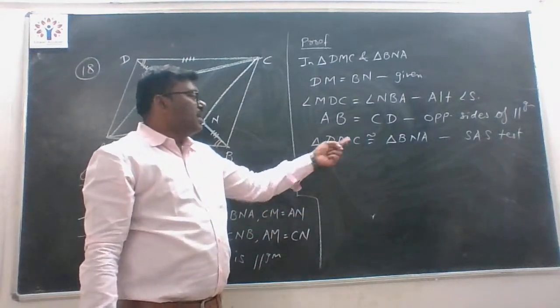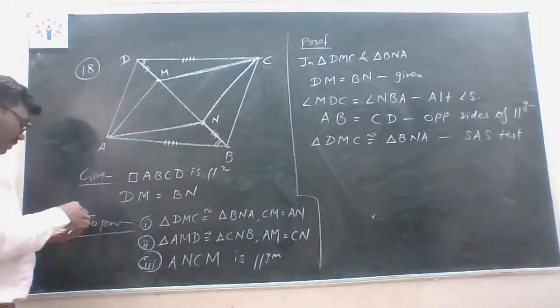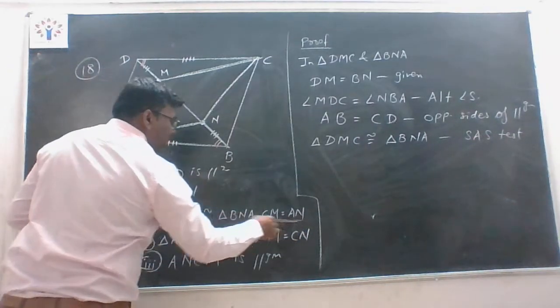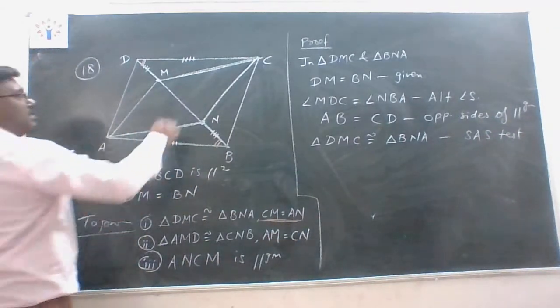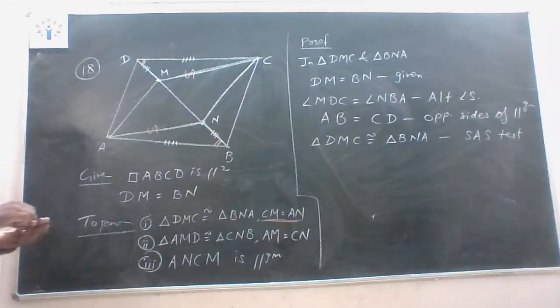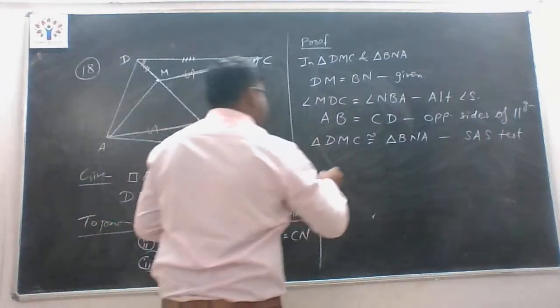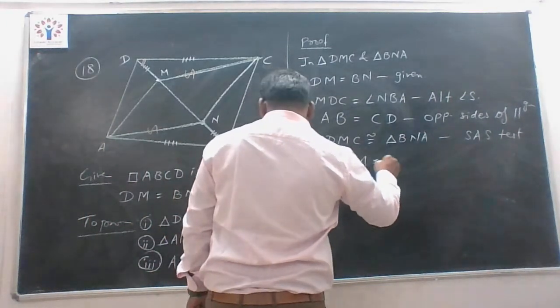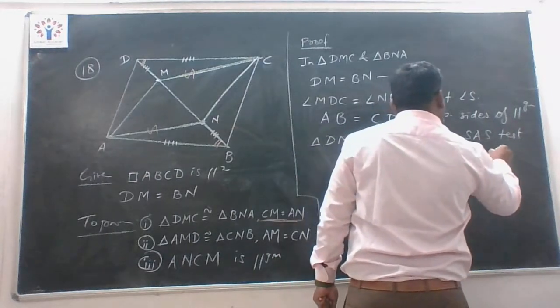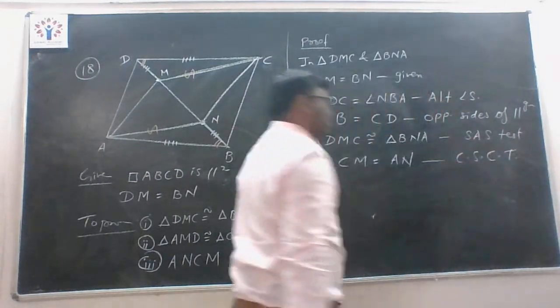Now see, if the triangles are congruent, then their corresponding sides are equal. CM is the corresponding side of AN. So at the end we can say CM is equal to AN. The reason is corresponding sides of congruent triangles.